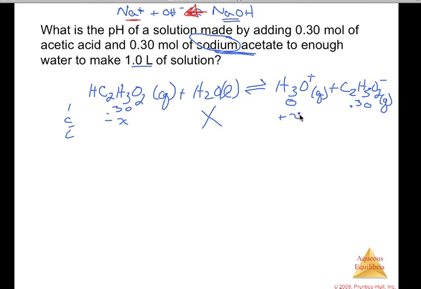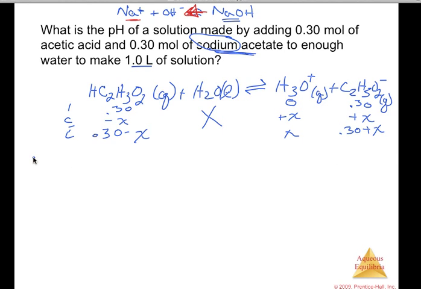So we're going to lose acetic acid, we're going to gain some hydronium, we're going to gain some acetate ion. So at equilibrium, the concentration of the acetic acid should be 0.3 minus X, hydronium would be X, and the acetate ion would be 0.3 plus X.